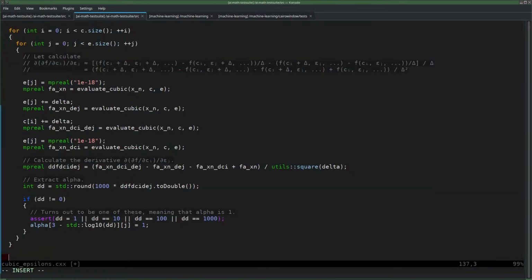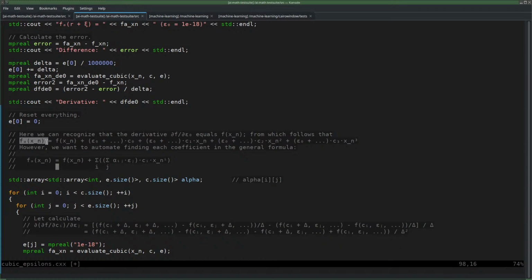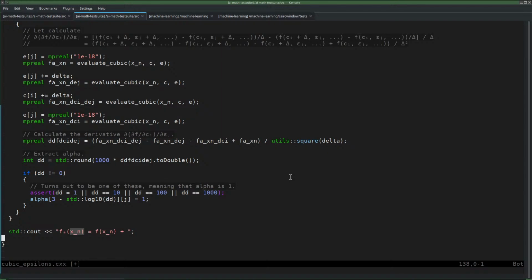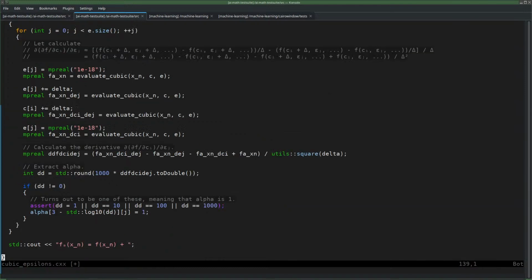So after this, we print the result, namely that the approximation is equal to the exact value plus, and then we get this long expression. Let's copy that because it doesn't fit on my screen. At the same time I have to code it.